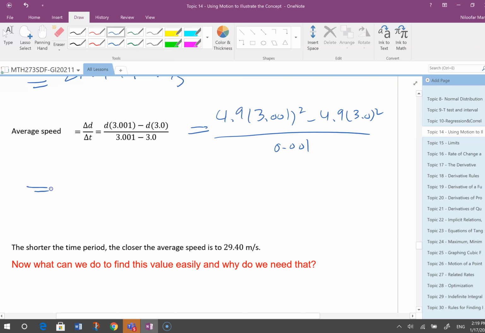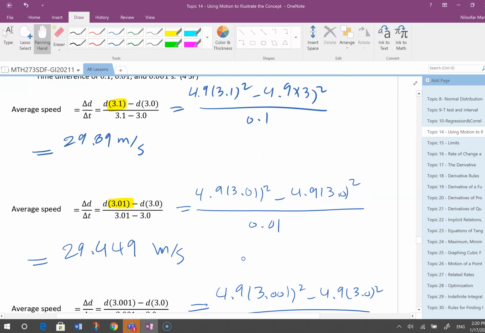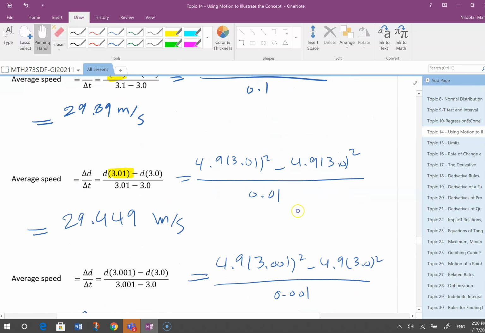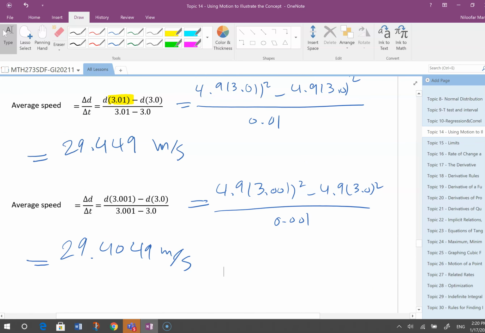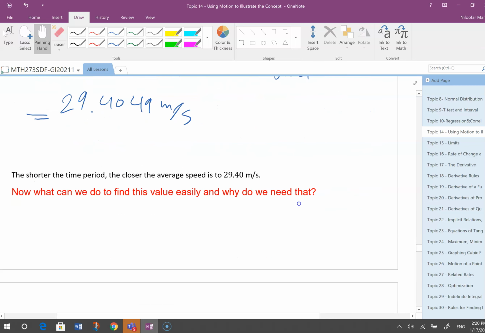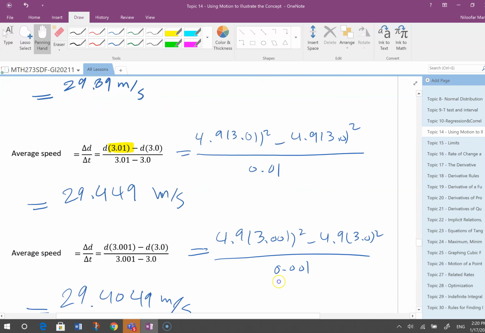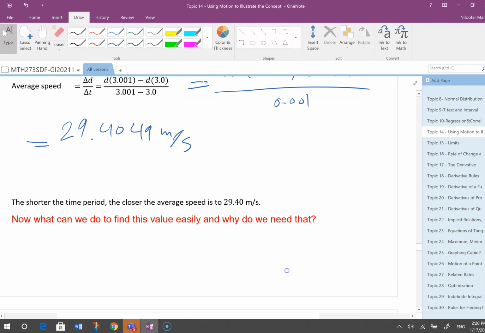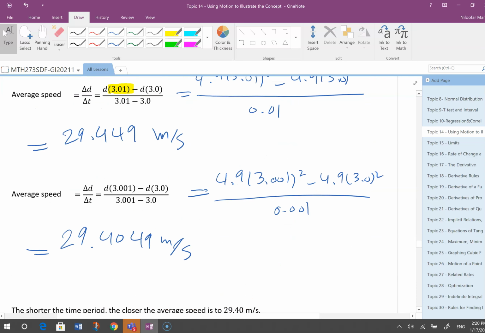And then you would say it is 29.4049 meters per second. I see the first one is 29.89, the second 29.449, and the other one 29.4049 meters per second. Then you would say still it's not 3.